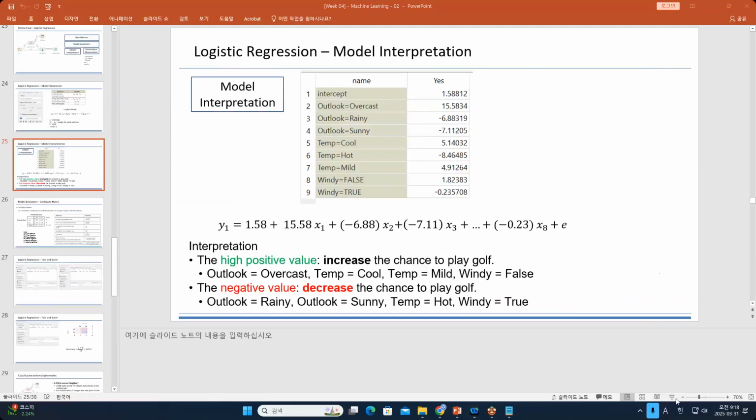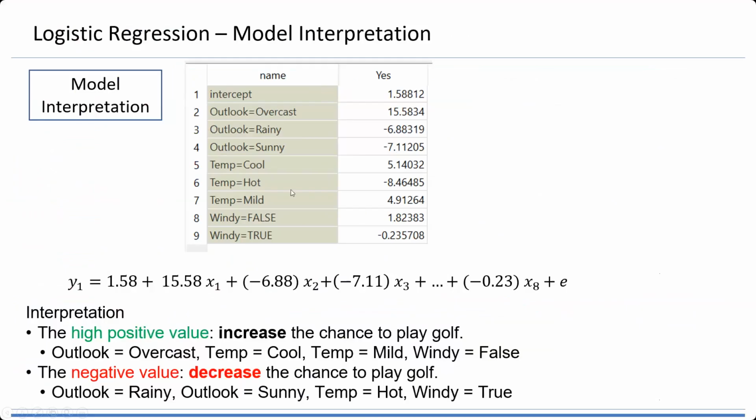So we got this formula from the modeling when we model the data with the logistic regression. We got the intercept. And then this is the outlook overcast. This is the outlook rainy. This is the outlook sunny. And so on. Until we got the windy equals to true. So we remember this is the intercept. If the outlook equals to overcast, then it is 1.